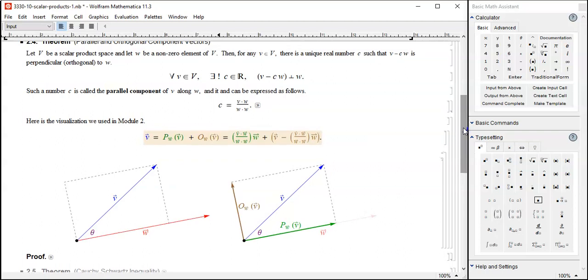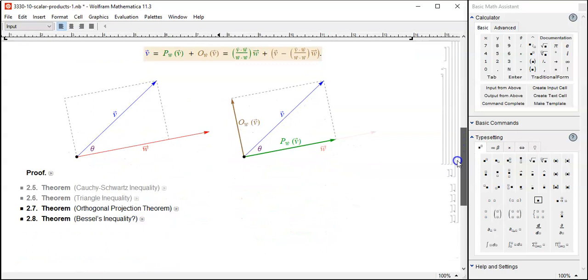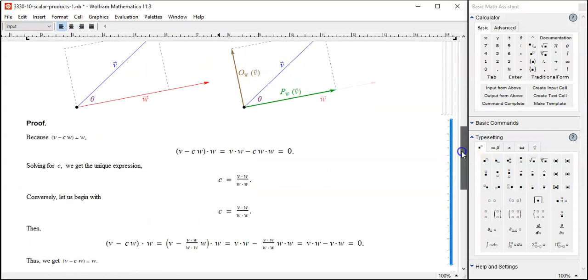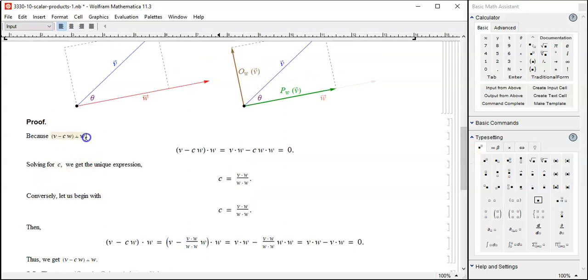Alright, so much for background, and let's go ahead and prove it. This proof is not that important, so I'll just go very, very quickly. V minus CW is perpendicular to W. Let's begin with that assumption. So V minus CW dot W is equal to 0. What do you mean by that?